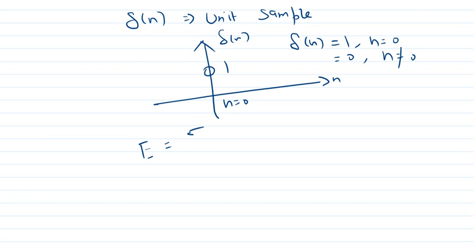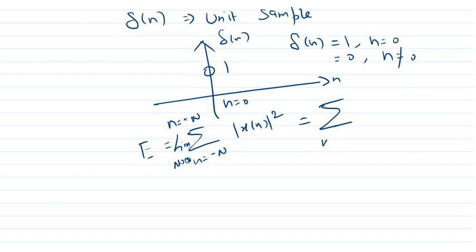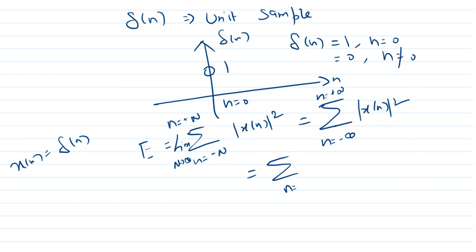Energy equals summation n equals minus N to plus N, limit N tends to infinity, of modulus of x[n] whole squared. If we remove the limit, it is minus infinity to plus infinity. Now x[n] is basically delta[n], so it is delta[n] squared.